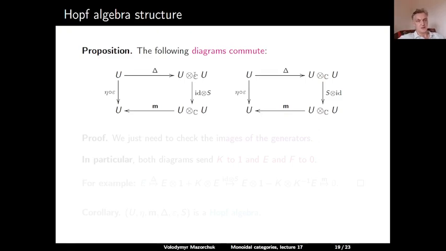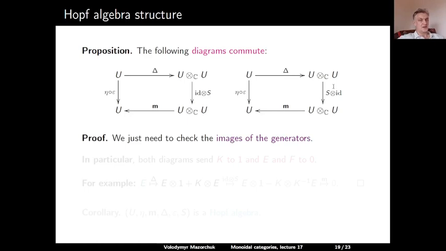And this splits into two square diagrams. So the first one, we start with U, we comultiply, then we use the antipode on one of the components, and then we multiply. And this composition should be the composition of epsilon and eta. And similarly for using the antipode on the other component.